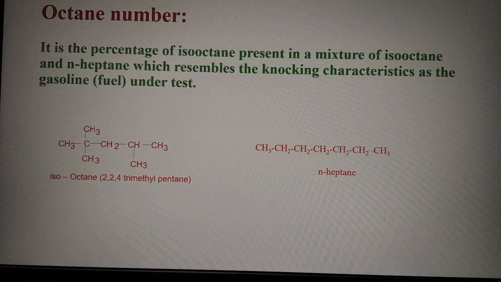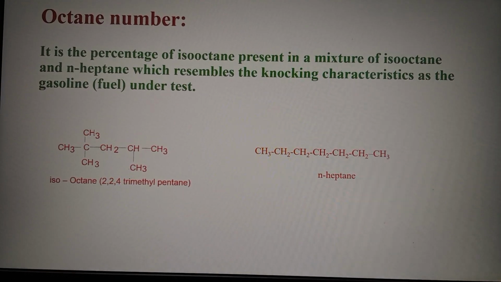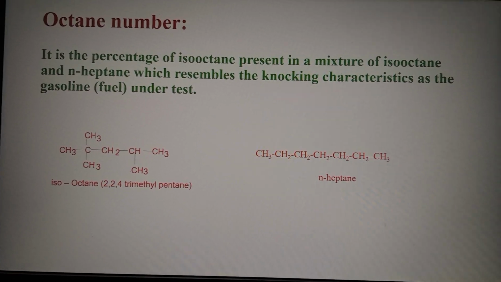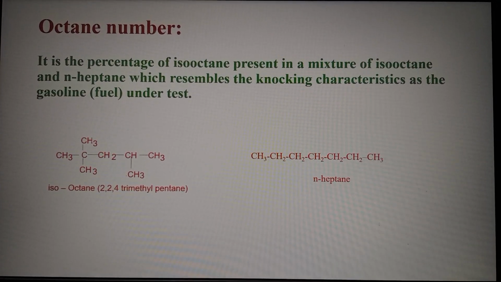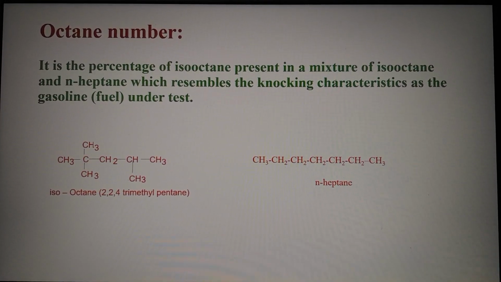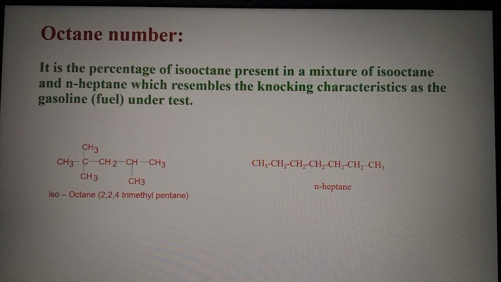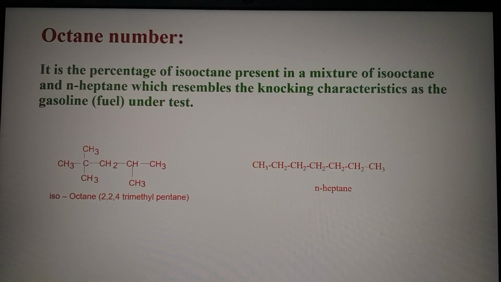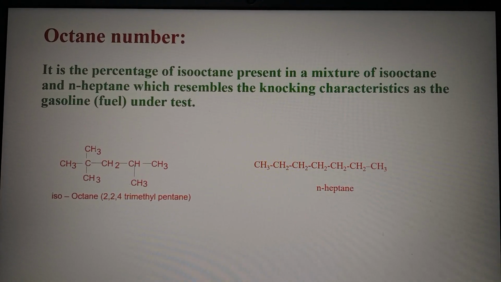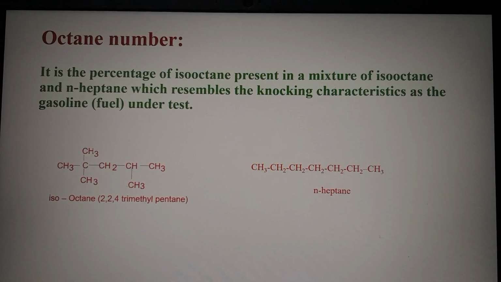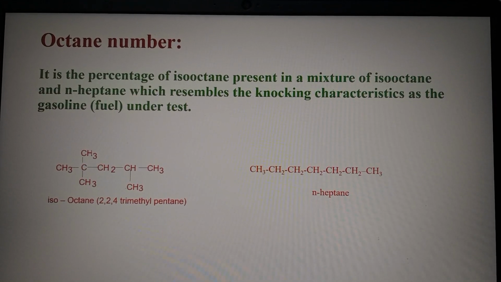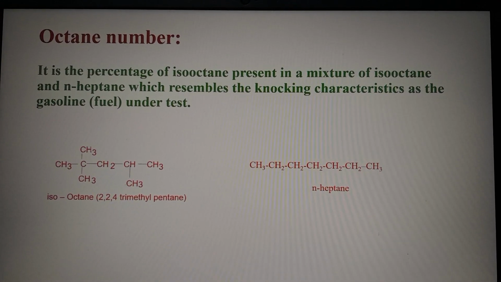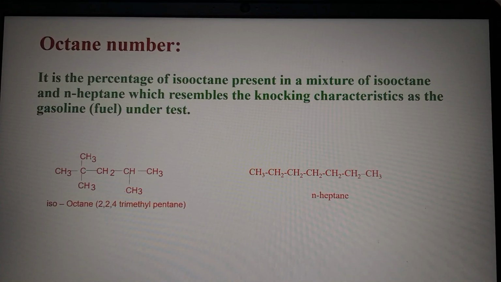The octane number is the percentage of isooctane which is present in a mixture of isooctane and heptane, which resembles the knocking characteristics of the gasoline, that is petrol fuel, under test. So, if the percentage of isooctane is more in the petrol, it will be a good quality petrol compared to the percentage of N-heptane.